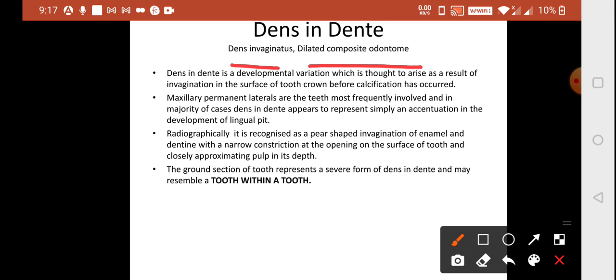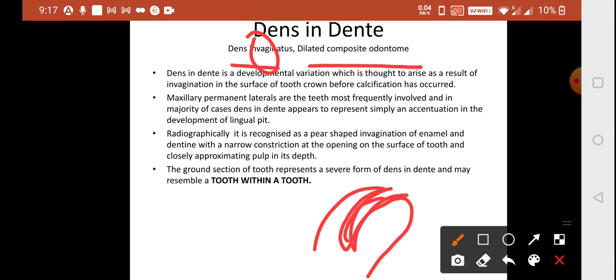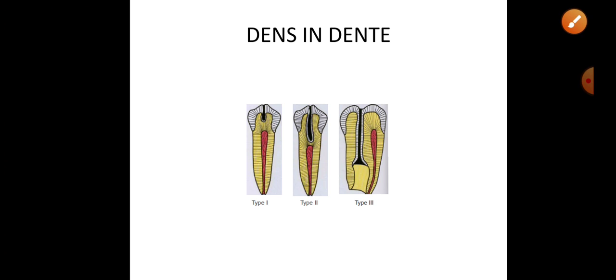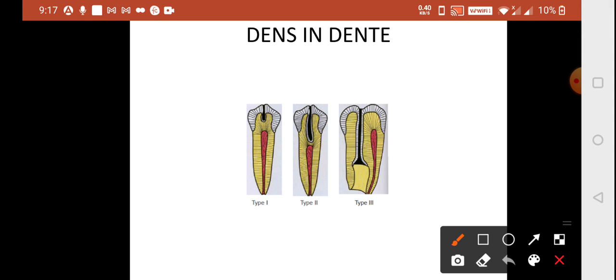Invaginatus, because something is going inside the tooth. Suppose this is a tooth, and something has invaginated inside the tooth; it appears that there is a tooth within a tooth. That is why it is known as tooth within a tooth, dens indente or dens invaginatus. You can very easily appreciate from this diagram that there is an invagination inside the tooth like this.